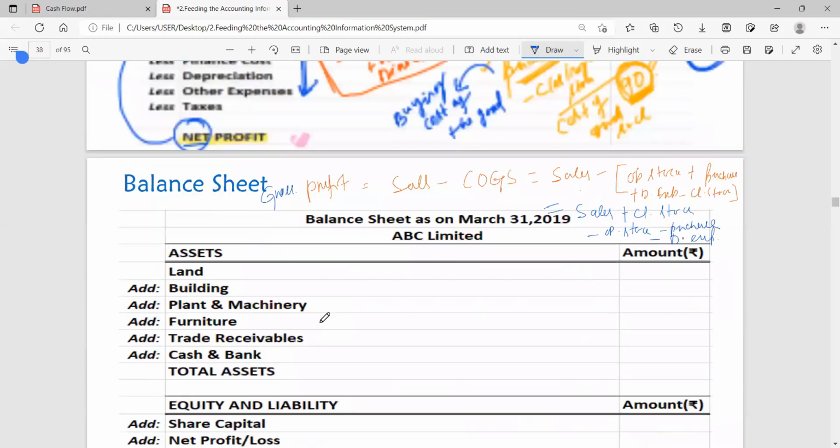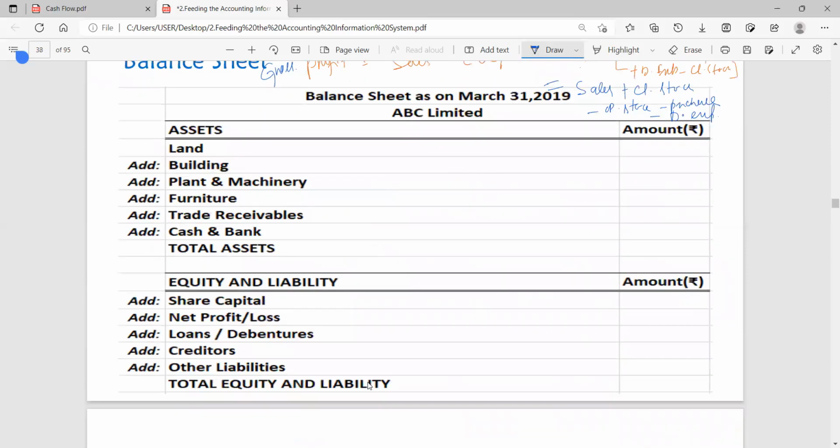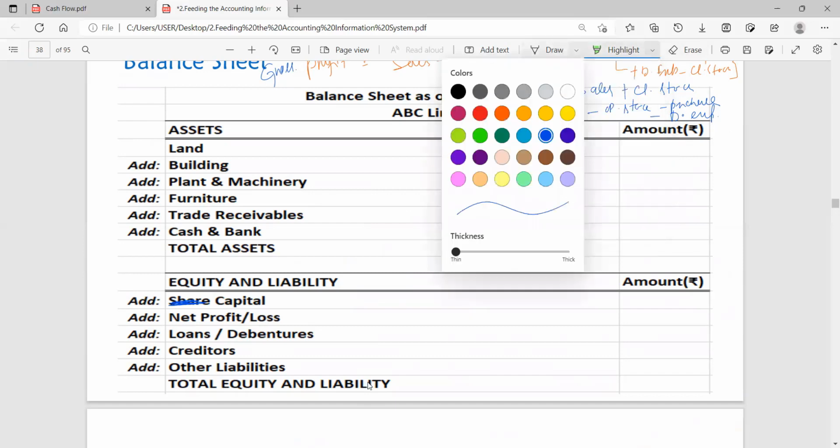So basically capital is shown in the balance sheet. And here, if I show you down, you see the capital is there. Basically in the company form of business, we use share capital, and in smaller businesses there will be only capital; the share part would not be there.